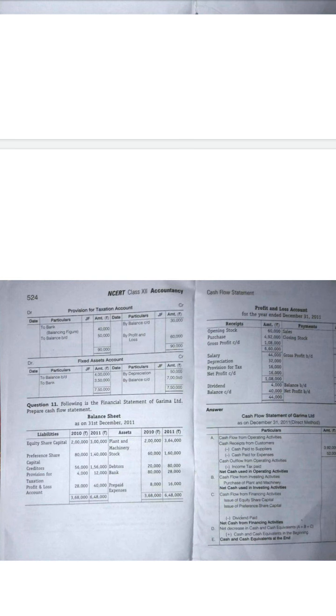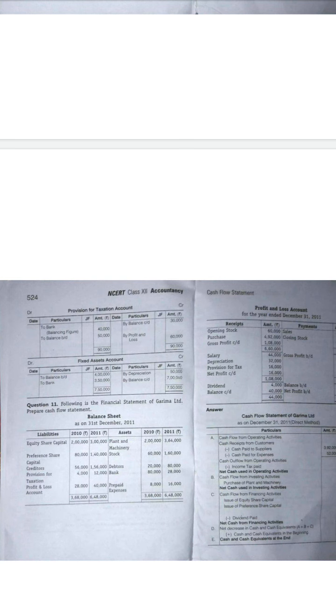See the additional information in the balance sheet: 2010 is the opening balance and 2011 is the closing balance. Understood? The opening balance is on the credit side and the closing balance on the debit side. And there is another item: a new provision is created for taxation. See the additional information, the amount is 60,000.